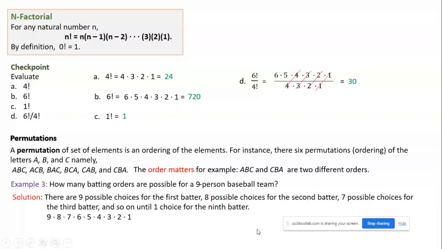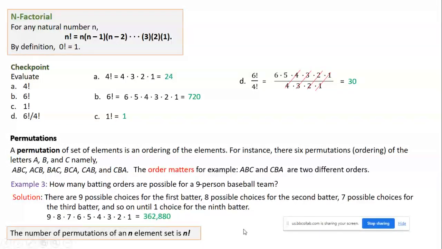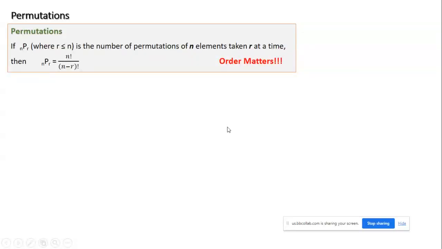So the possible choices are 9, 8, 7, 6, 5, 4, 3, 2, 1. We multiply these values together and get 362,880. But again, this is when our order matters. So the permutation of the elements is a factorial, and that's why we covered the factorial.